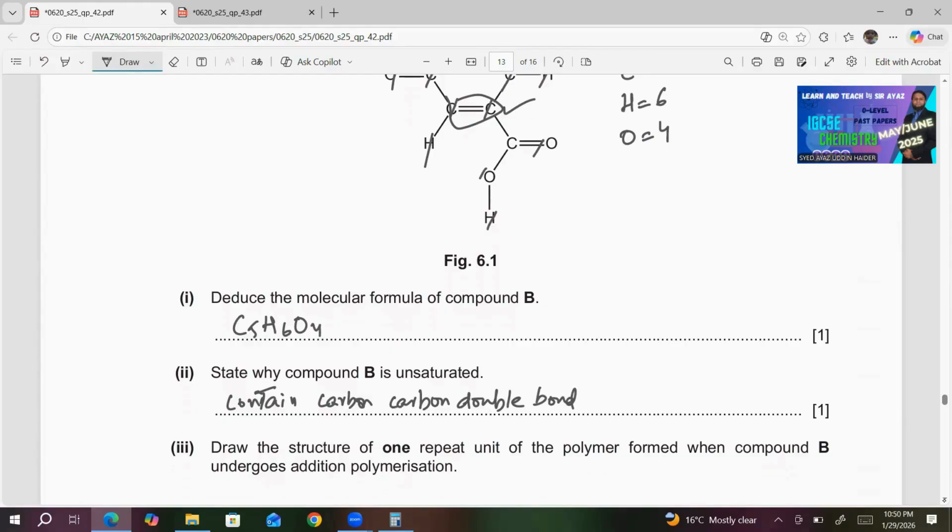What else you can write? Or not all carbon-carbon bonds are single.